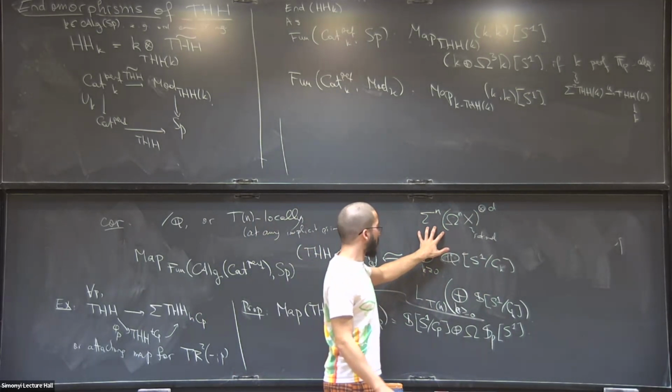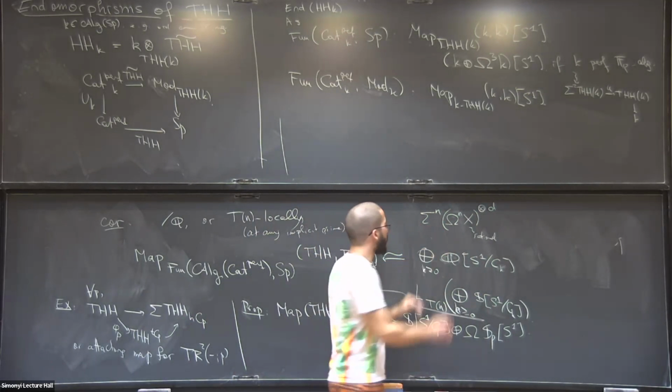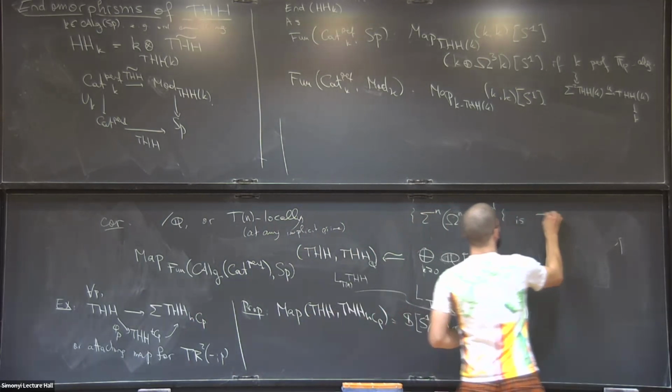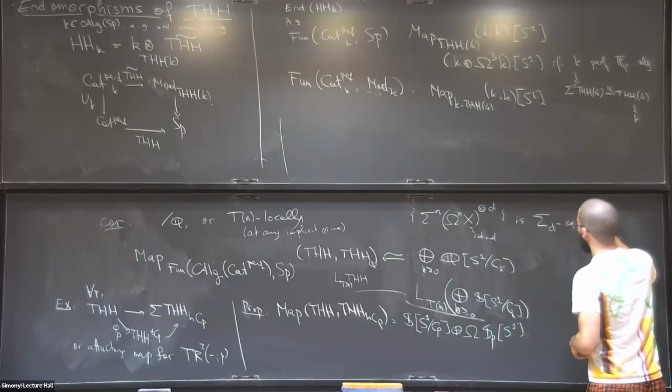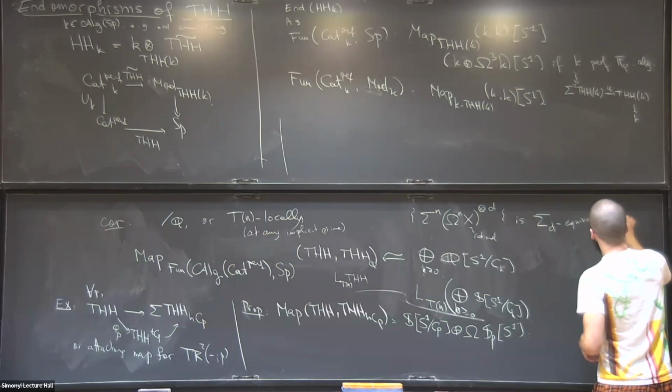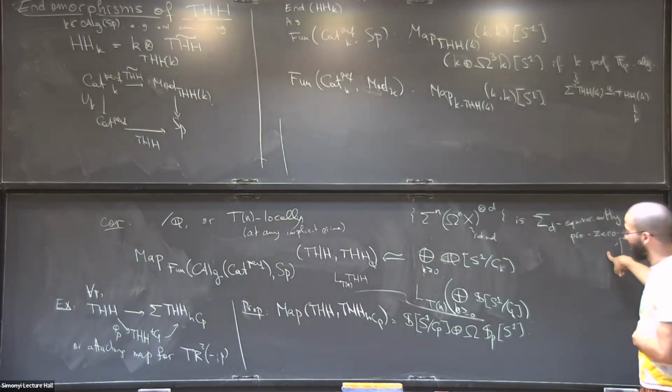This is sigma D linearly pro 0, equivalently pro 0. I'm phrasing it in this sort of weird way.